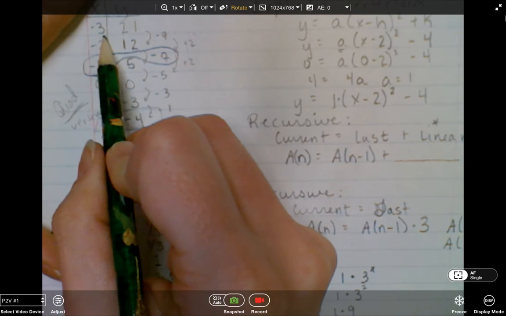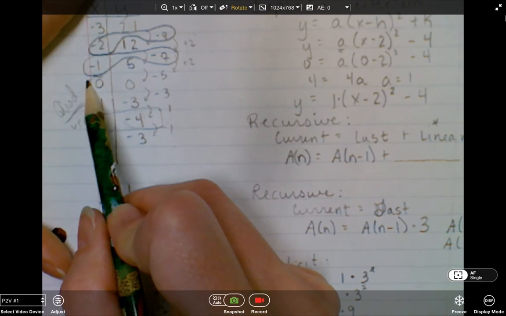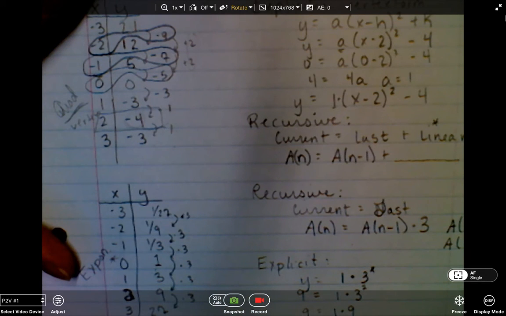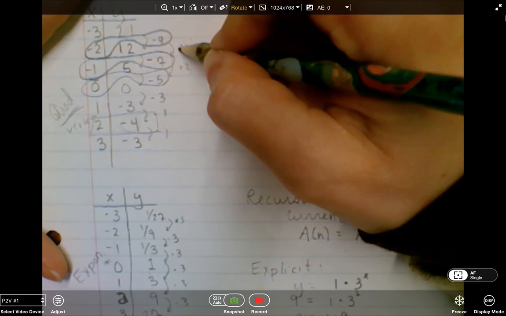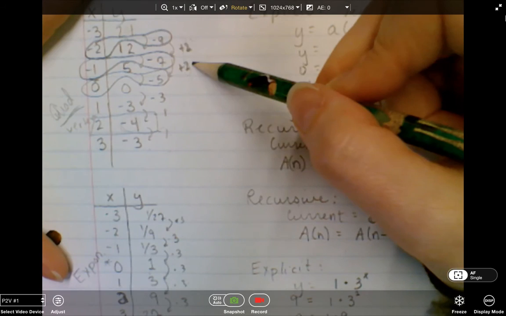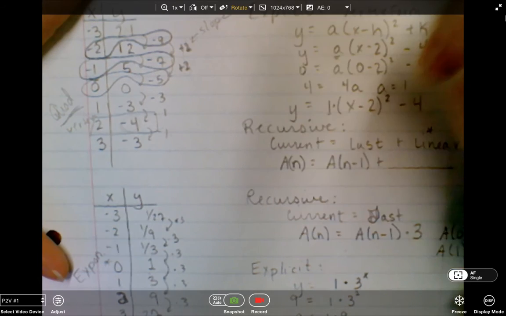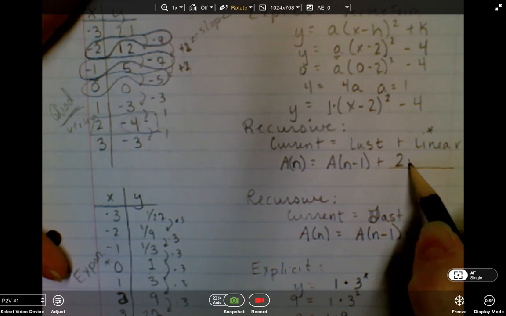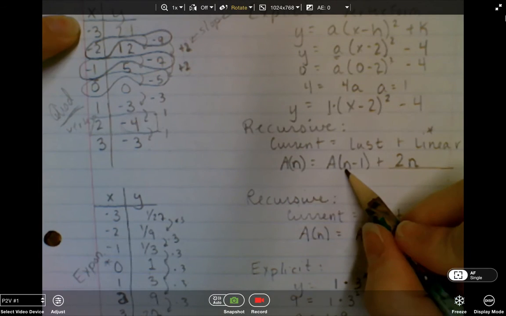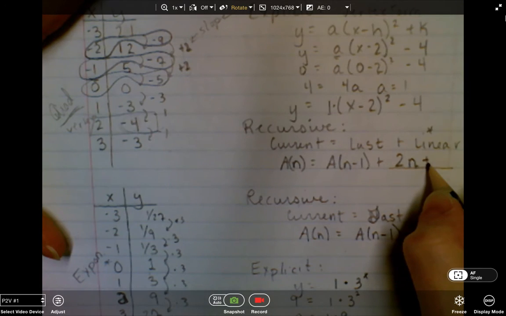This number out here, just like it was in the bottom of the table, that constant change is our slope. That's the slope of our equation. So we're going to have 2 times the n, or x. We could do a of x and x minus 1, and that would be x there. And then I just have to figure out what my y-intercept is.